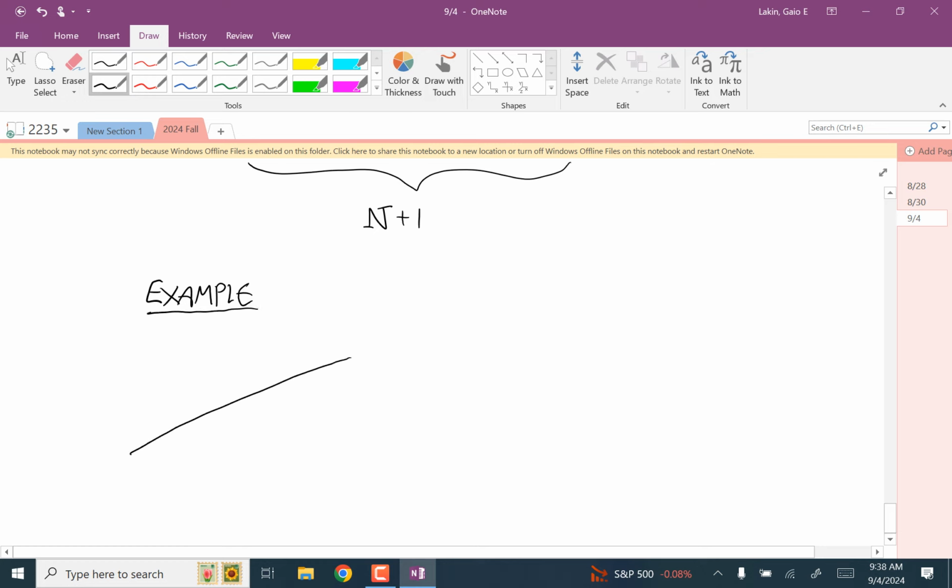So let's say we have a ramp that makes a 30-degree angle with the horizontal. A 50-kilogram cart here and a 20-kilogram cart here.